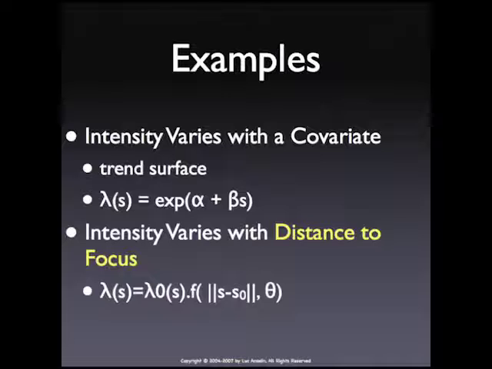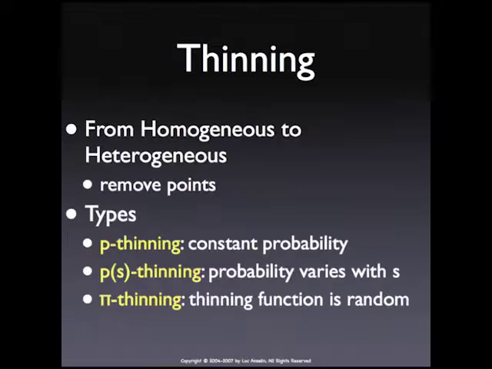The way we do this in practice, and I do want you to know this because it's so important to be able to simulate patterns, is through a process which is called thinning. And thinning is a trick. It's a trick by which you start with something that we can simulate very readily, which is this CSR, complete spatial randomness.